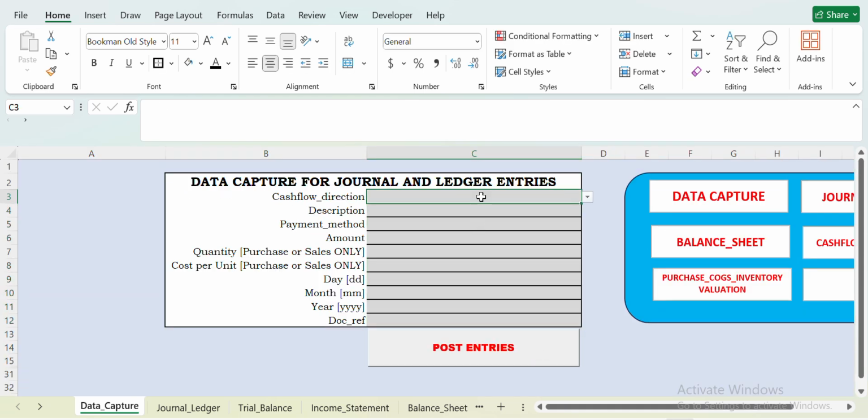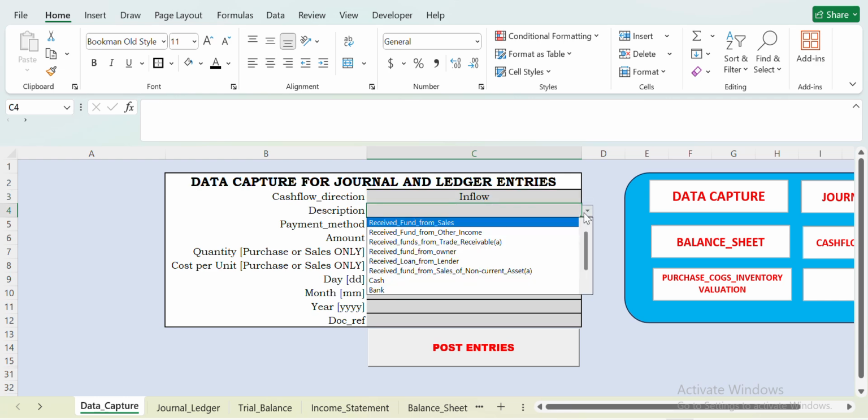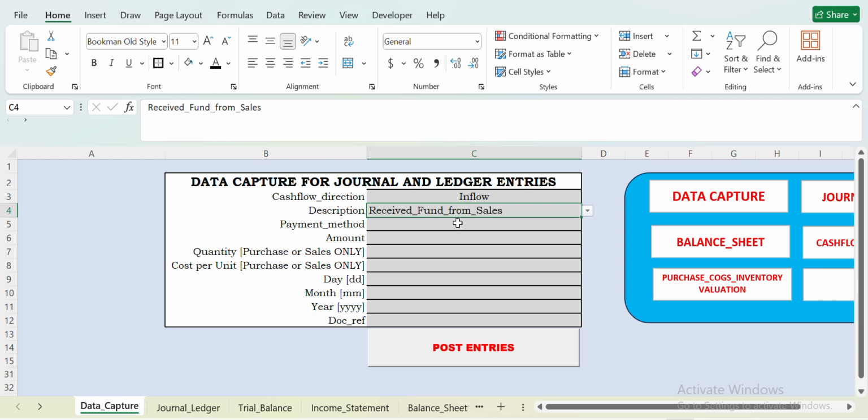Then our third transaction, let's assume we finally sold goods. So inflow, under description, received funds from sales, payment method, let's assume is bank as well. We sold goods worth 14 million naira.